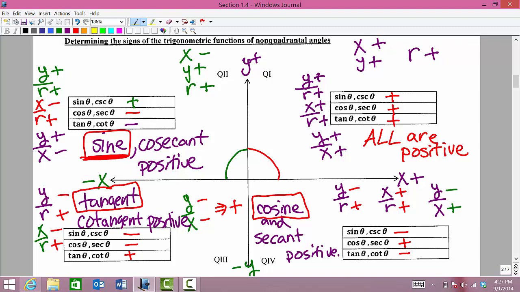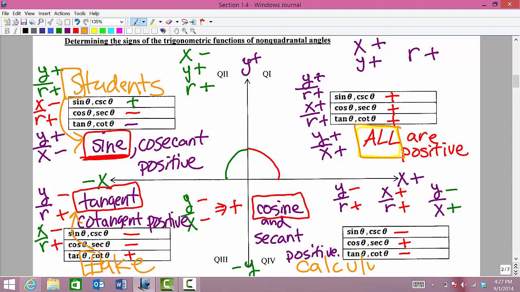Now there are ways to remember this. Sometimes people remember it as all from quadrant 1. All students take calculus. So all are positive in quadrant 1. The S would stand for sine, the T stands for tangent, and calculus.